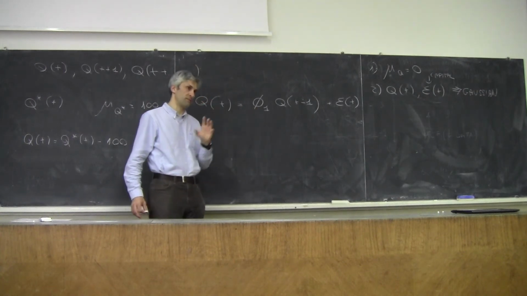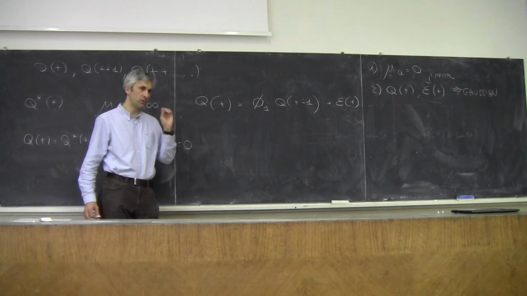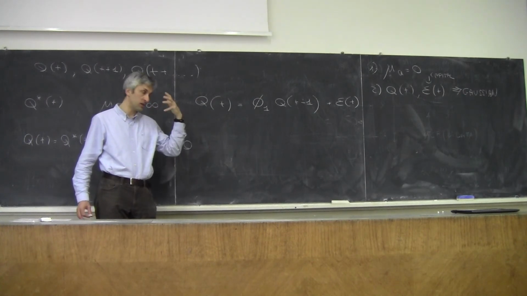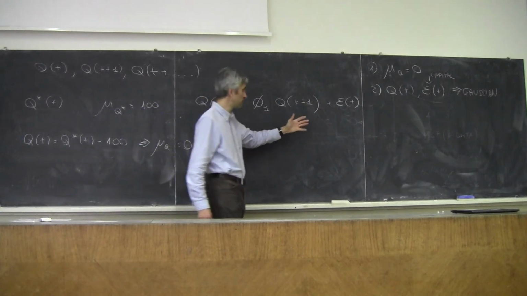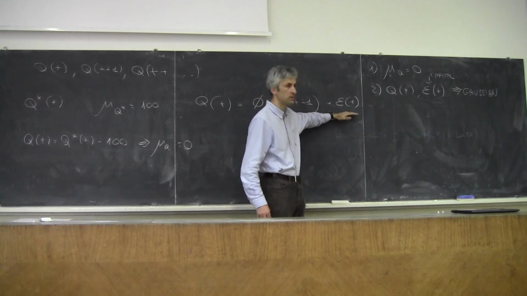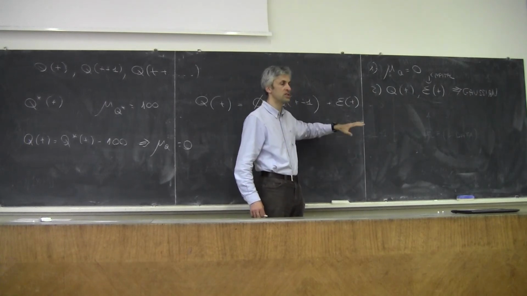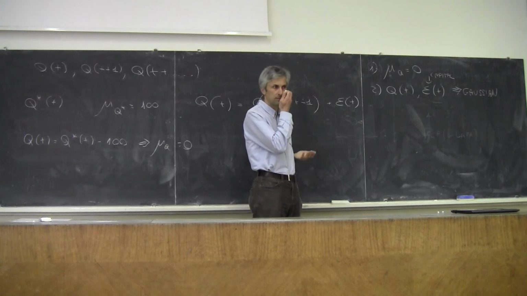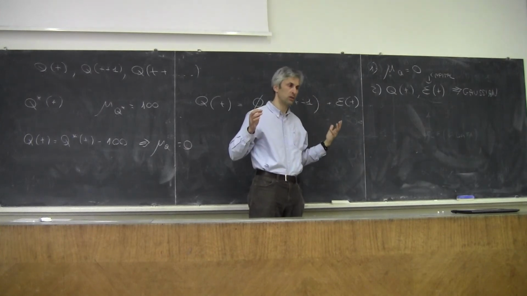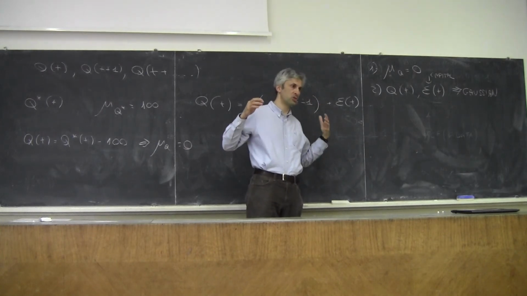How can we check this? There is a very simple way to check this, by thinking at this process, and in particular think at this random variable, which I introduced as an error, okay, measurement error, or whatever, it's estimation error.